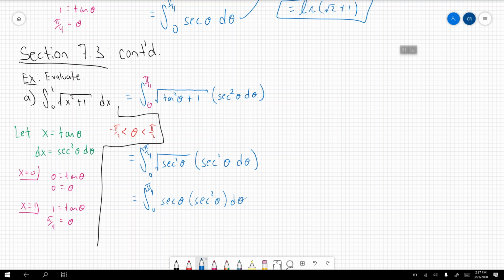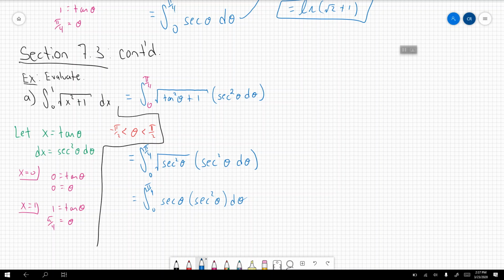Very nice. Now, some of you might say, yeah, Mr. Castro, I see that's going to be secant cubed theta, and that's awesome. You're absolutely right. If you want to multiply those two, you're more than welcome to do so. However, for the purposes of this problem, it's going to get a little bit more messy if we do that, so I want to keep them as they are right now.